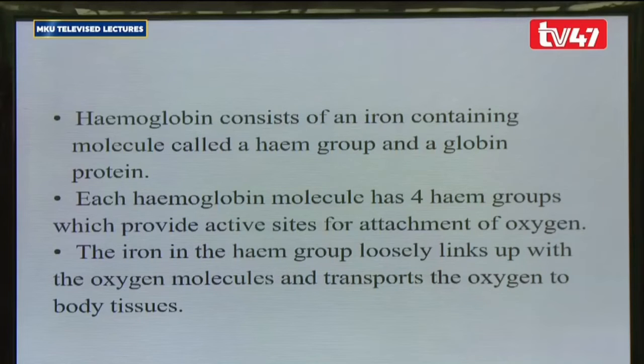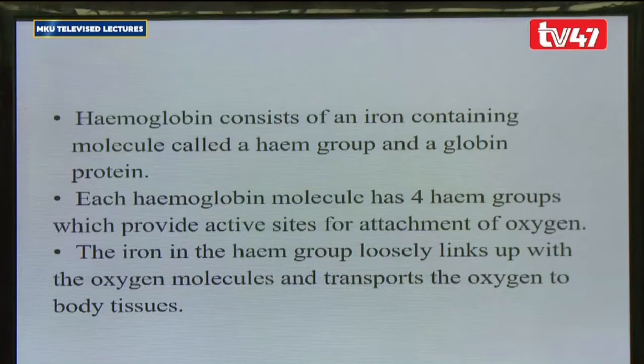Each hemoglobin molecule has a globin protein and 4 of the heme groups we are talking about. The heme groups provide the sites where oxygen attaches on hemoglobin. So we say, therefore, the heme groups are the active sites for the attachment.